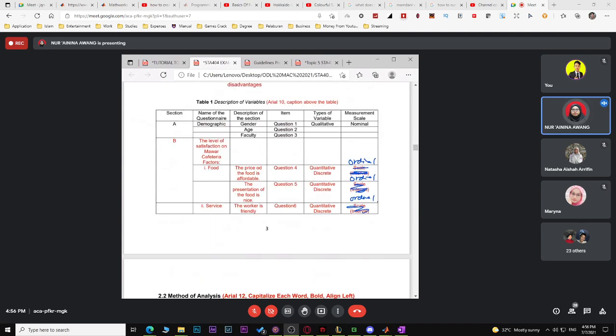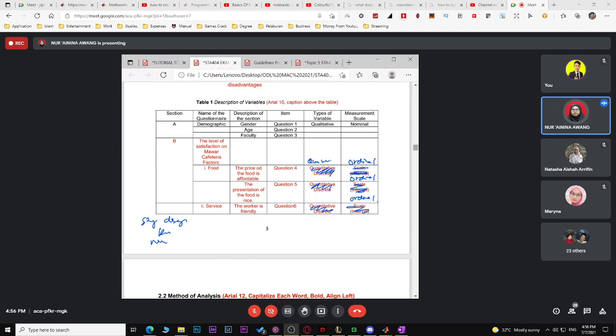Since kalau you tengok, yang ini dia bukan kuantitatif lah, dia kualitatif. Sebab apa? Sebab kalau you tengok untuk the second part tu you ada daripada strongly disagree, neutral. So this is in ordinal dalam bentuk categorical. That's why dekat sini dia adalah kualitatif. Okay, kualitatif. And then this one ordinal.